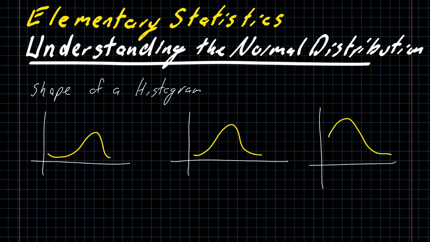We classified a distribution based on its shape. If there were low outliers, like we have in this first picture, we said that this graph had a negative skew. If there were high side outliers, like you have over here, we described this graph as having a positive skew.